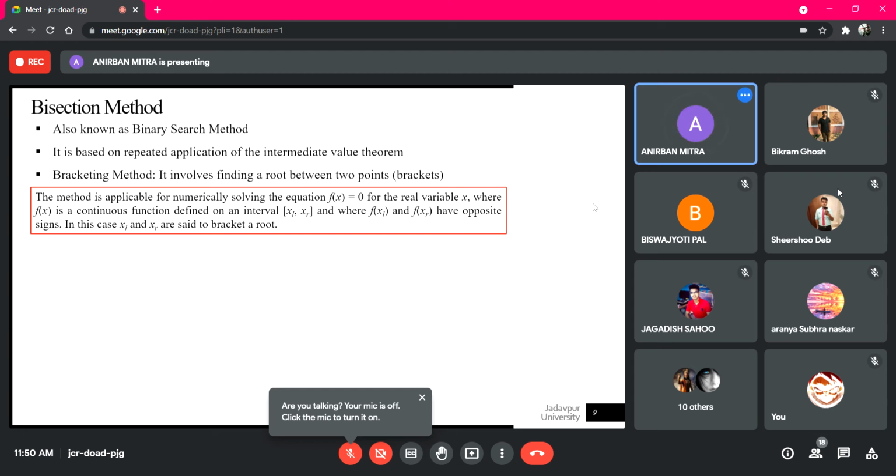And of course, because of the previous assumptions that we have made, this is a nonlinear equation that we are trying to solve. So if fx is a continuous function defined within this interval xl, xr, and where fxl and fxr have opposite sign, then in this case, xl and xr are said to bracket a root. So this is, in fact, a restatement of the intermediate value theorem in terms of the bisection.